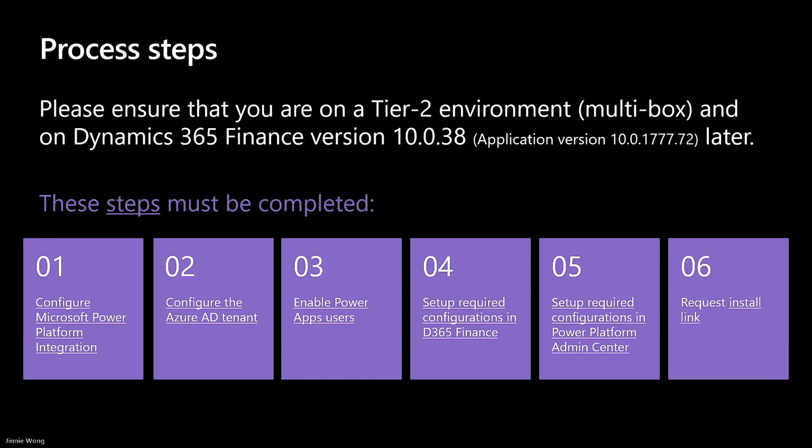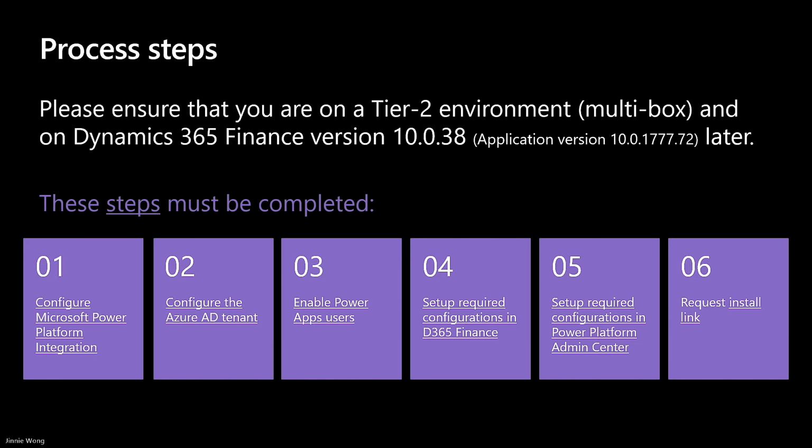All of those details are present again in our public documentation. Once the required configs are enabled, which are by default enabled in a default sandbox or a prod environment unless there are explicit customizations done, step 5 is to ensure that the Power Platform Admin Center is ready and the underlying solutions are updated, and step 6 is to request the install link.